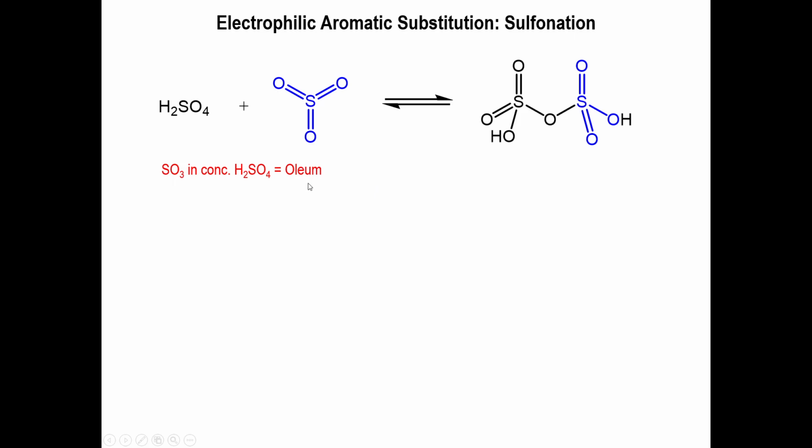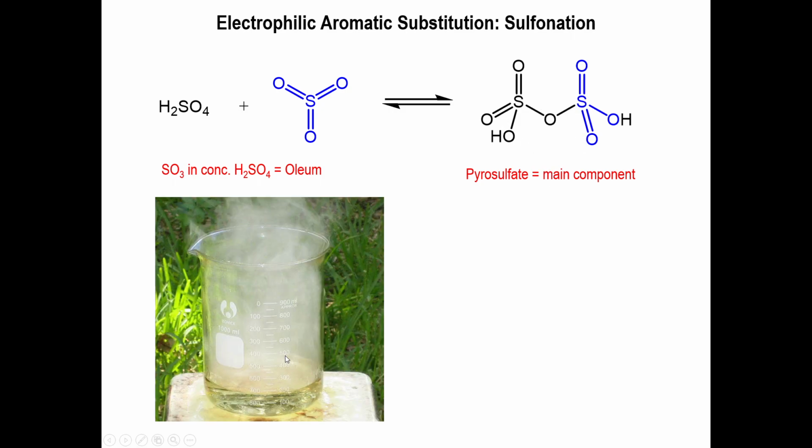One characteristic of oleum is that not only do you form this pyrosulfate component, but you have basically fuming sulfuric acid. So whenever someone mentions fuming sulfuric acid, they're basically talking about oleum, which is a mixture of sulfur trioxide dissolved in concentrated sulfuric acid.